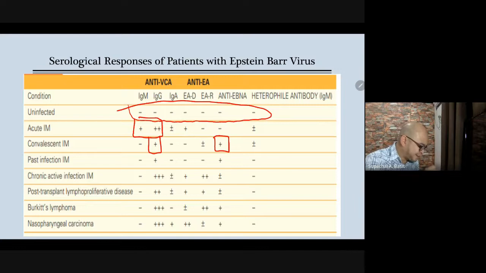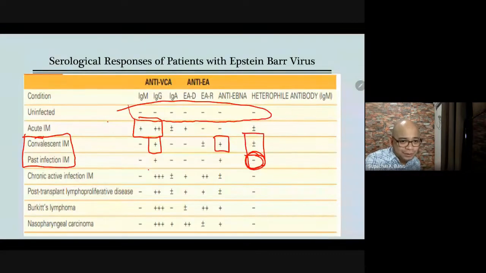What's the difference between a convalescent and past infection? The difference is the variability in the heterophil antibodies. Convalescent infectious mononucleosis would have a variable result in heterophil antibody IgM, but it's absolutely negative in patients with past infection.